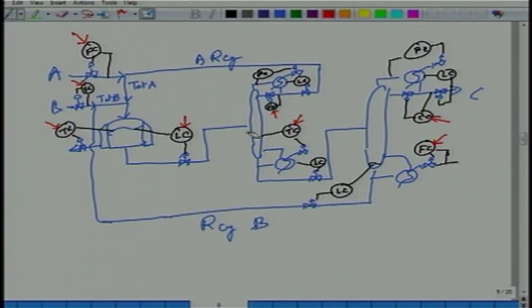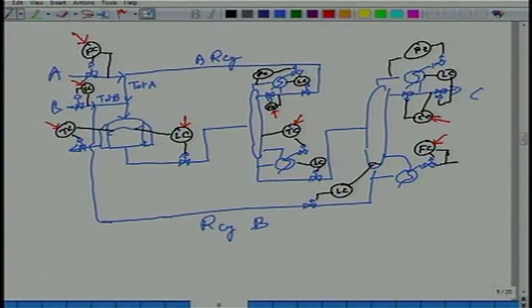Yes or no? If recycle A flow is increasing, total A will increase, because fresh A is fixed. If the amount of fresh A that I am putting in is more than the amount of fresh B being put in, slowly but surely the recycle A stream will go up.